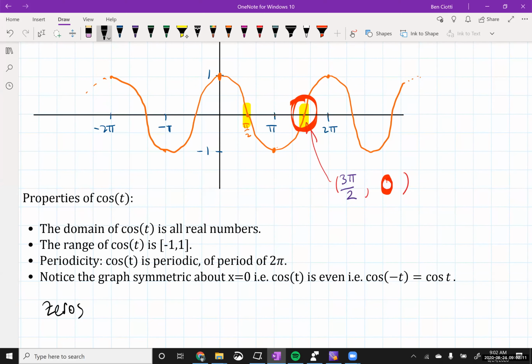I want to point out a feature of this graph, which is a new vocabulary word. That's the distance from the largest value to the smallest value on the graph. That has a name. So the distance from a peak to a valley is called the amplitude of the graph.